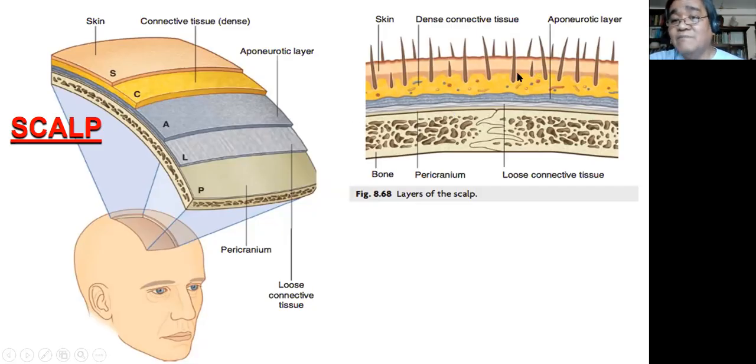That's why the scalp is very flexible over the cranium. It is because of the presence of your loose connective tissue. And the fifth layer, or the deepest layer, is your pericranium, which forms the external periosteum of the cranial bone. So this is the scalp.